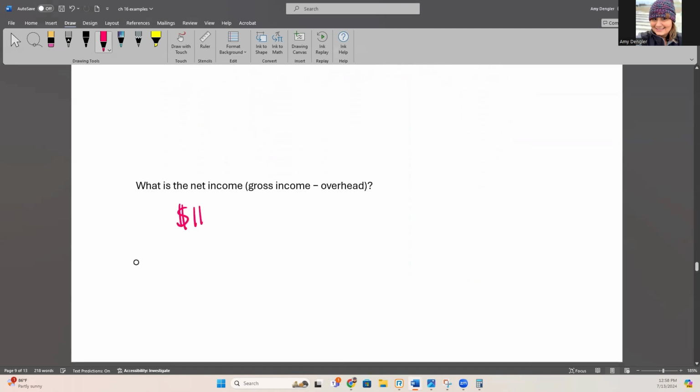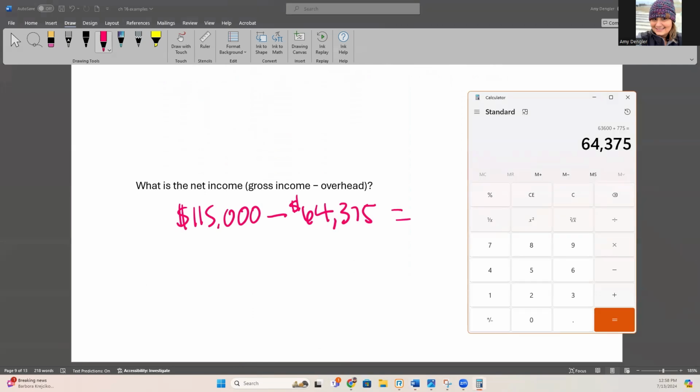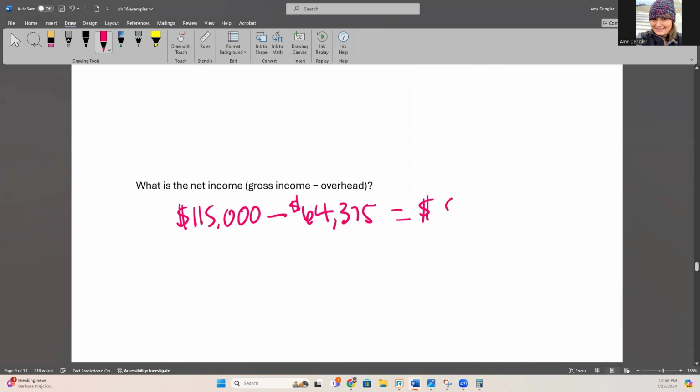So that's going to be our 115,000 minus our 64,375, which is 50,625. That is our net income.